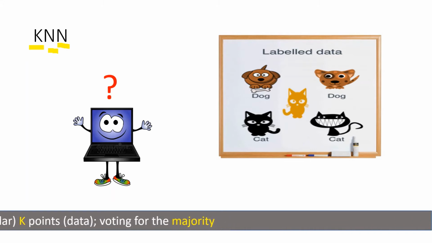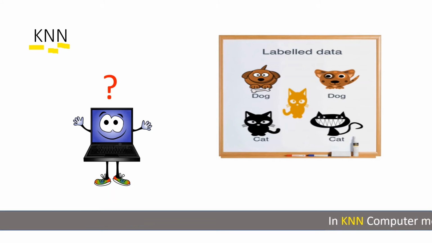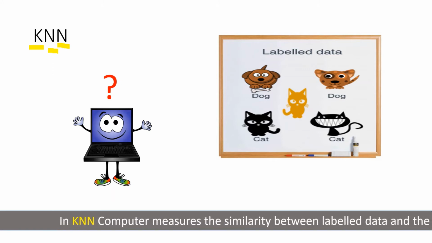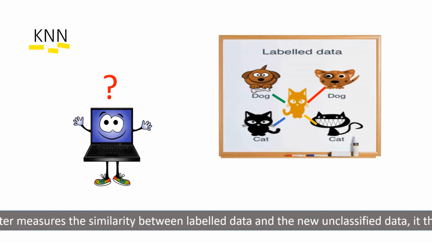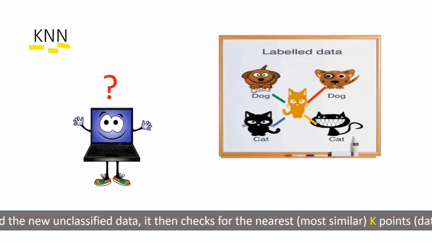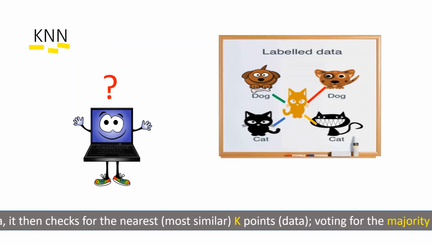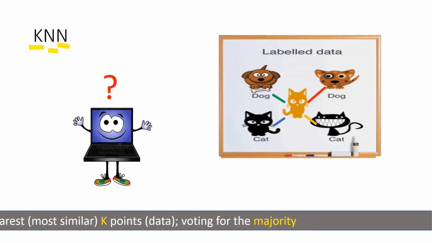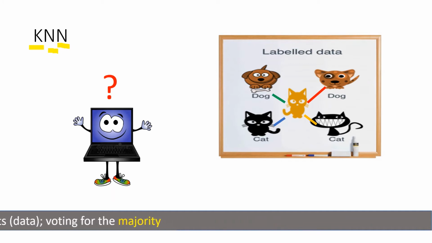So what are the steps you are going to follow? I'm going to compare my new object with all old objects, or all labeled data. So here I have 4 similarities. You can say distance or similarity, and then I'm going to take the smallest 3 because I determined K equal to 3.